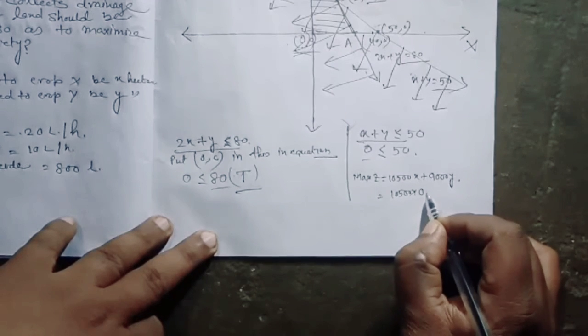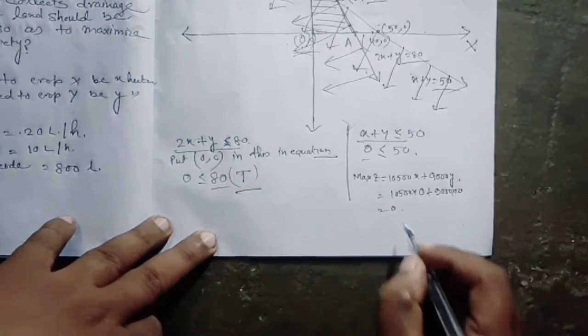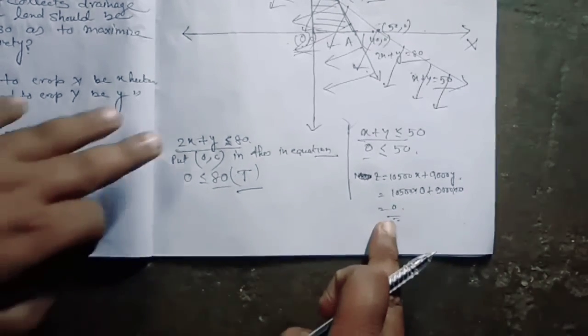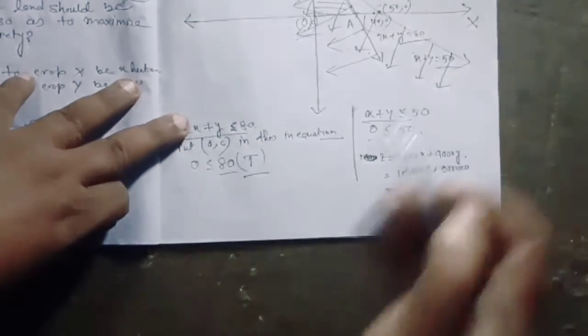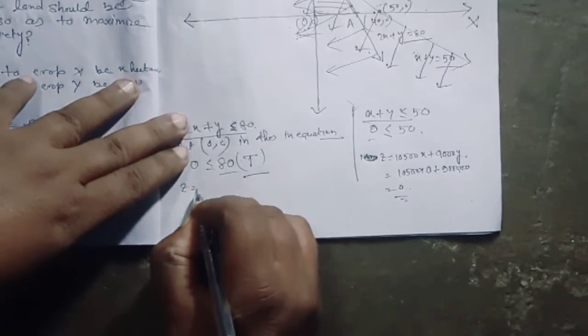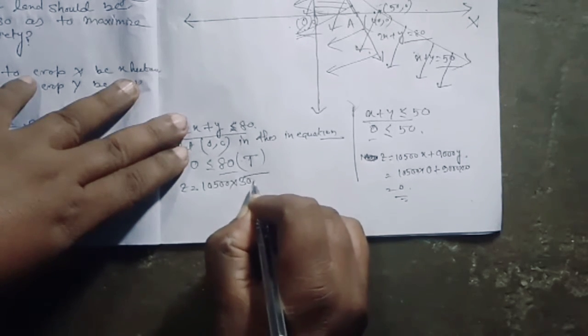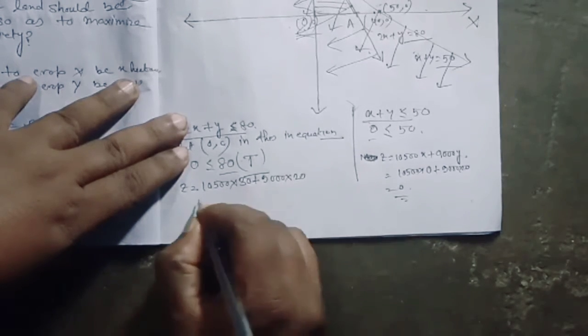First we put 0 comma 0, which gives 0. This is the minimum value. Next we put the point 30 comma 20, so we get z equals 10,500 into 30 plus 9,000 into 20.